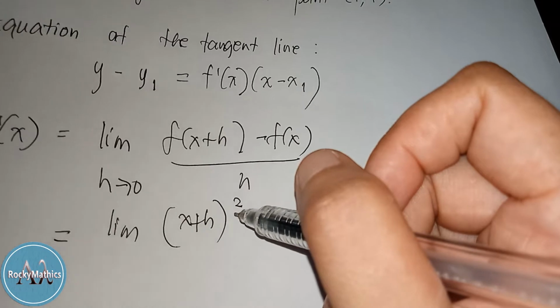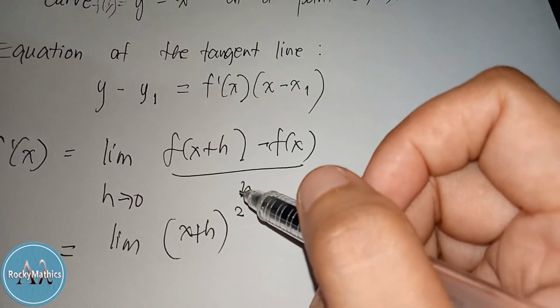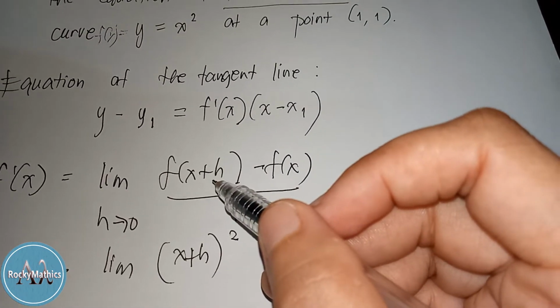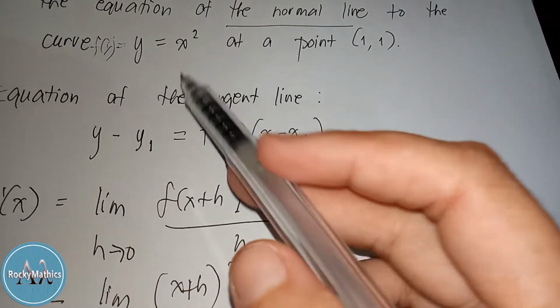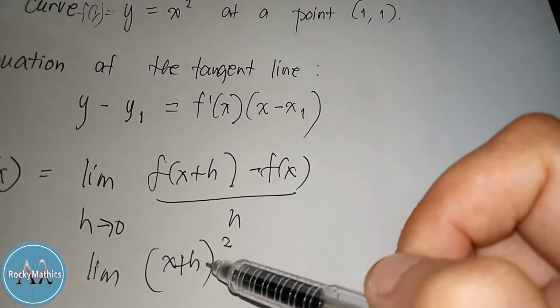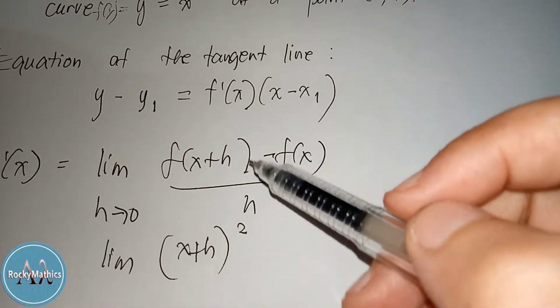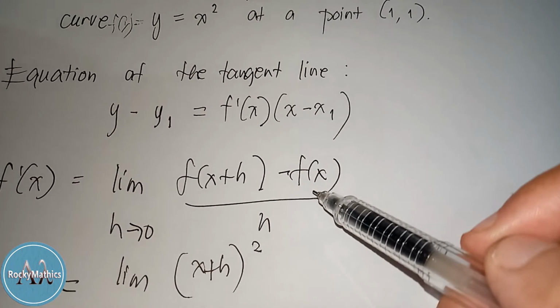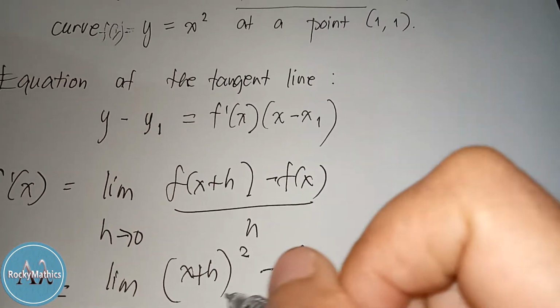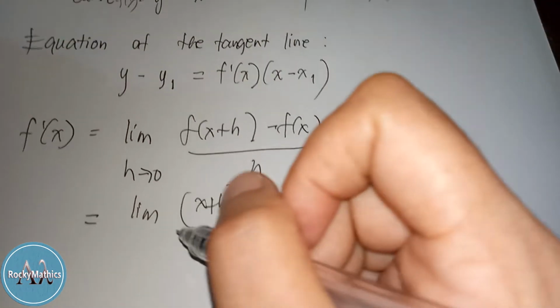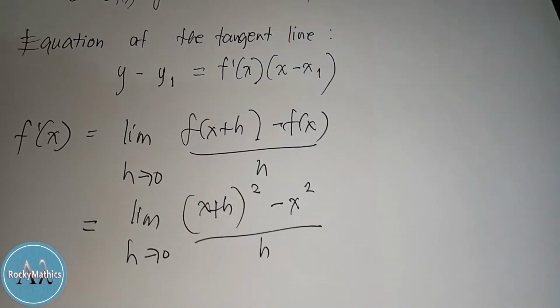Why? In the previous discussion, we just add h to the variable x. So what is our variable? It is x. So we need to add x plus h squared. Then what is f of x? Our f of x is x squared. So we just follow: x squared over h as h approaches 0.